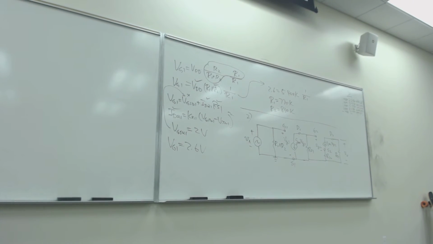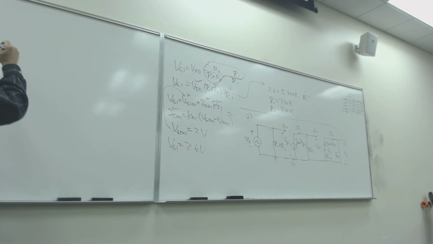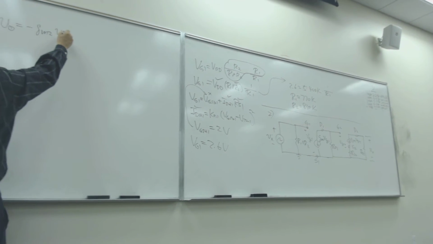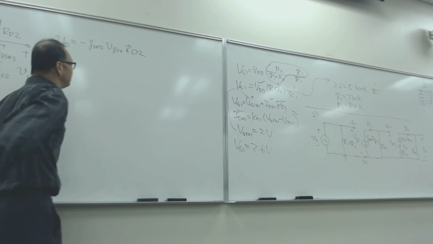All right. So now you're okay with the circuit, you can go ahead and do the analysis, okay? So VO is minus GM2 VGS2 RD2, correct?